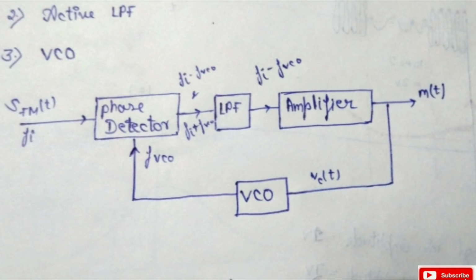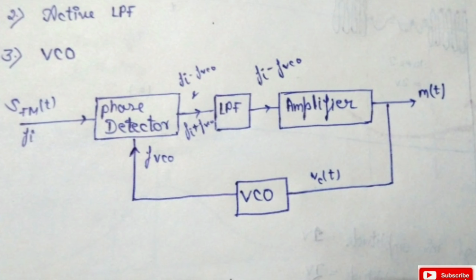FVCO). This passes to the low pass filter, and because the low pass filter allows the DC term and the low frequency term, the output of the low pass filter is Fi minus FVCO, which is amplified by the amplifier. One function of the phase detector is, according to the phase difference, to generate the message signal amplitude.